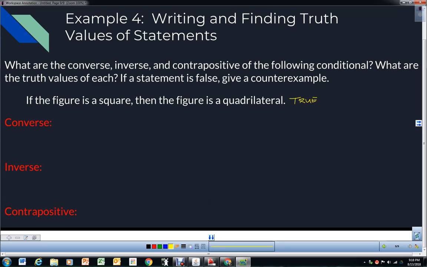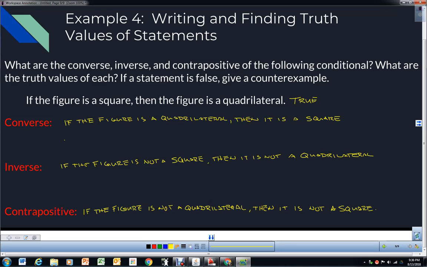Now I want you to write the converse, the inverse, and the contrapositive for this conditional statement, and then give me the truth values of each. So pause the video, take a few minutes, and fill this out. So let's take a look here. The converse, where this is our P to Q, we're going to reverse it and do Q to P. So if the figure is a quadrilateral, then it is a square.